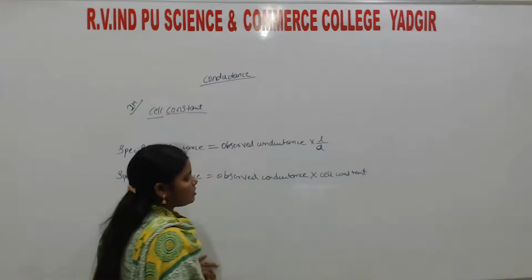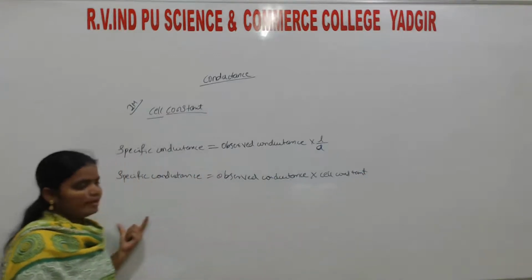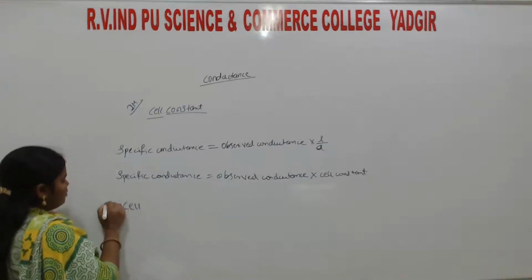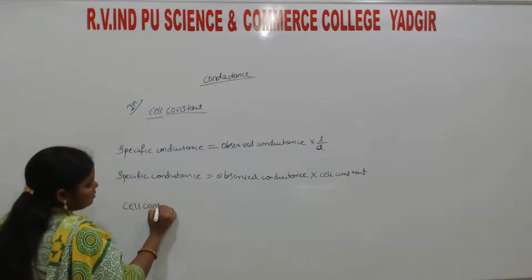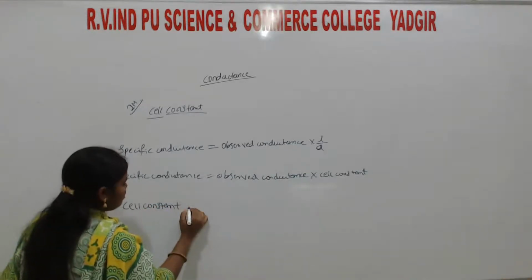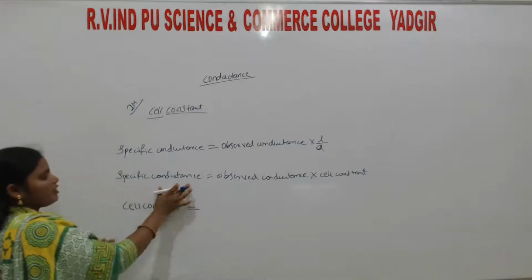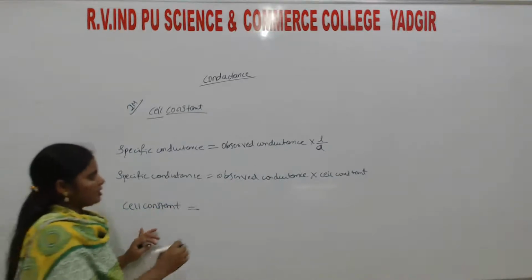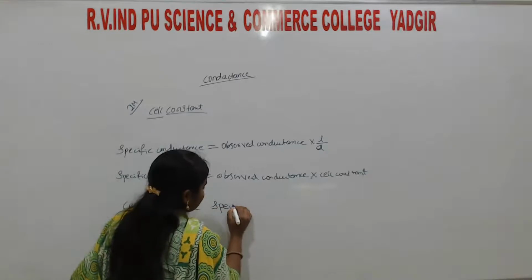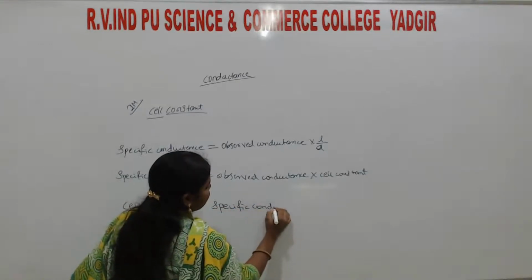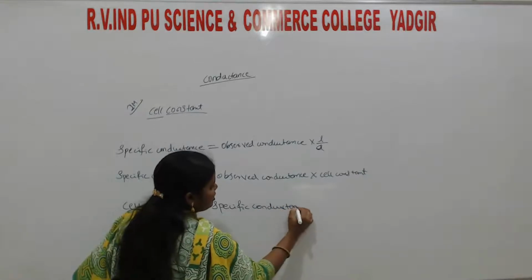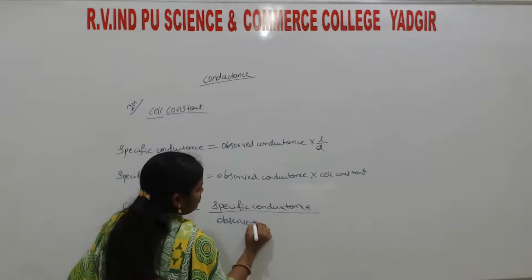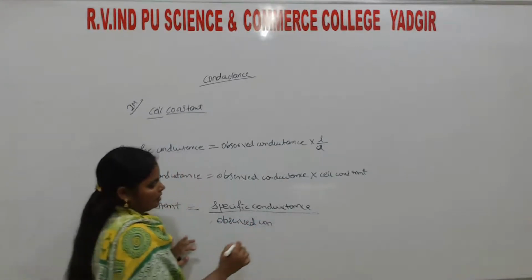Taking this to the other side, therefore the cell constant is equal to the specific conductance divided by the observed conductance.